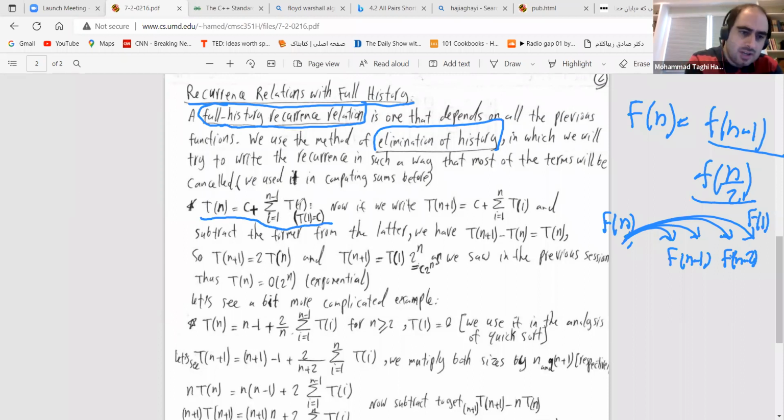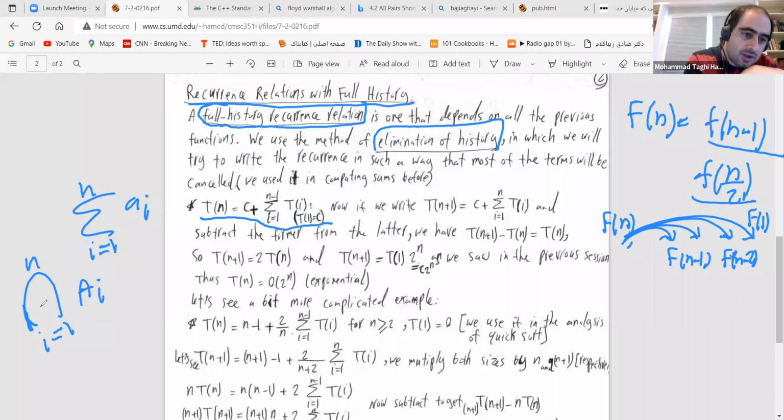And note that in general, we have a sigma, i equal to 1 to n of some formula a i. We also have other operations like this one: if we have, for example, a set, we say the big symbol from i equal to 1 to n of A i. What's the meaning of that here? If the A i's are sets, it means take the intersection of all of them.